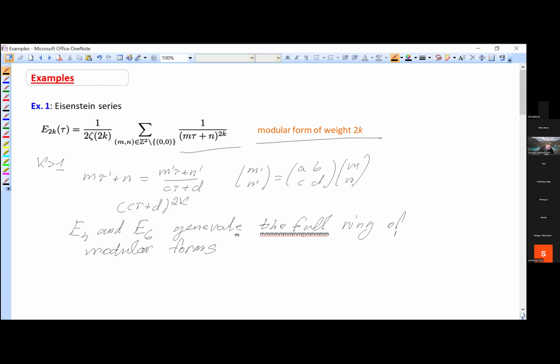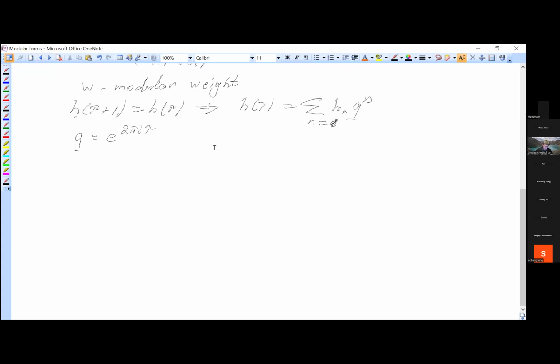So, we defined what the modular forms are. But now, let's consider various generalizations. It turns out that this definition is very restrictive, because essentially Eisenstein series exhaust all possible modular forms, but we want to consider more general functions. And in the following, we will consider various generalizations of this simple definition, which I just gave to you.